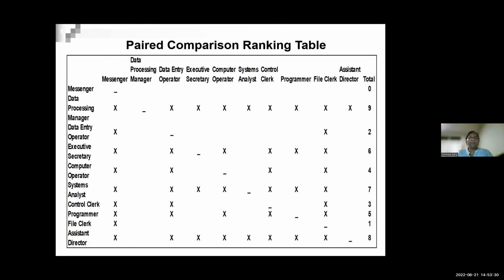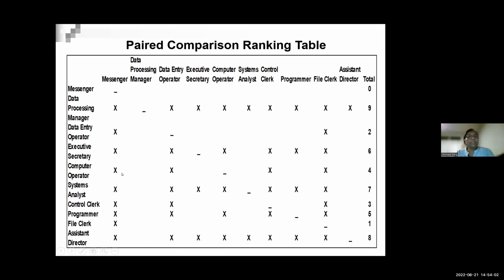Say, for example, these are the list of jobs. There are about 10 jobs: messenger, data processing manager, data entry operator, executive secretary, systems analyst, etc. This ranking method is mostly done by startups, and it's not a very scientific method, it's a little subjective, but very easy, very cost effective, and it can be done for organizations which typically have 10 to 15 jobs.